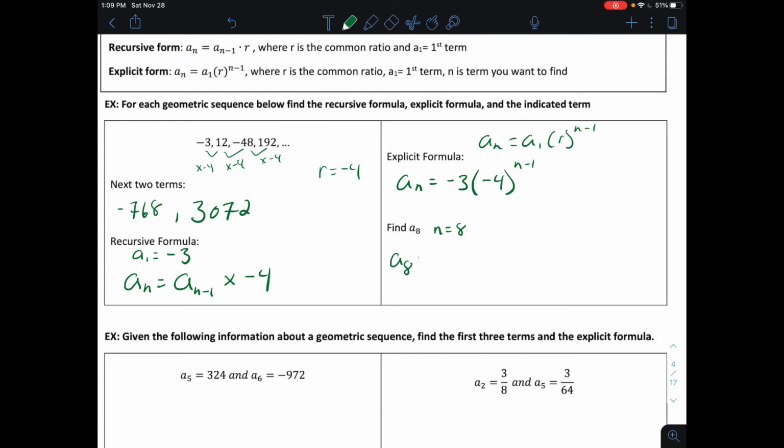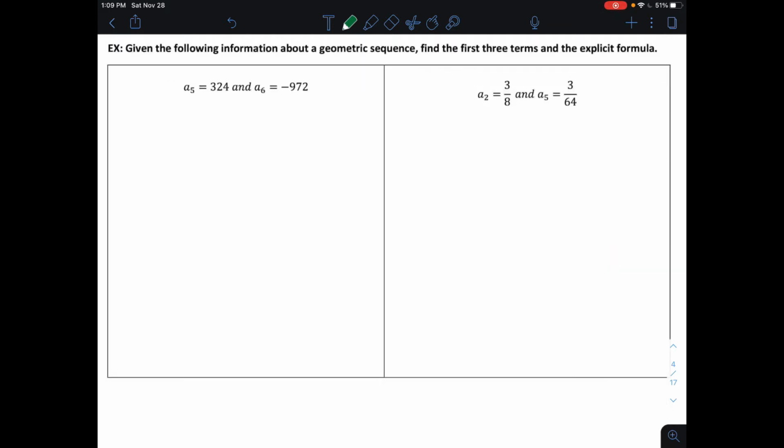So a8 would equal -3 times -4 raised to the 8 minus 1 power. Evaluating that, our 8th term comes out to be 49,152.